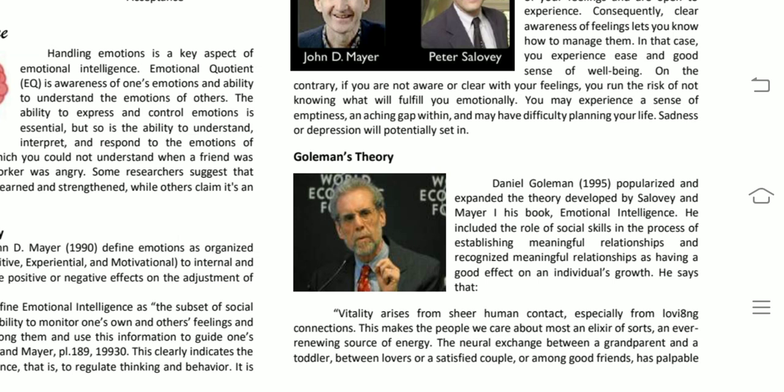Okay? So, according to him, he included the role of social skills in the process of establishing meaningful relationship and recognized the meaningful relationship as having a good effect when it comes to an individual's growth.